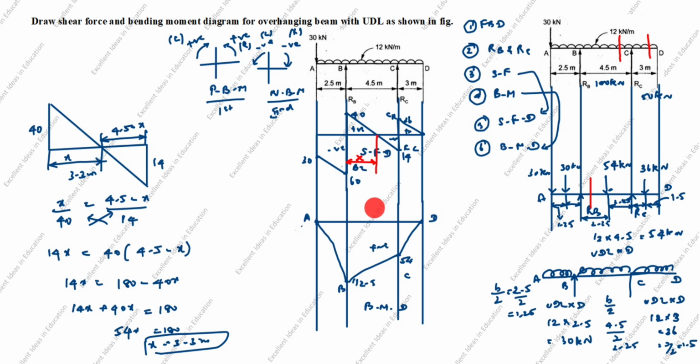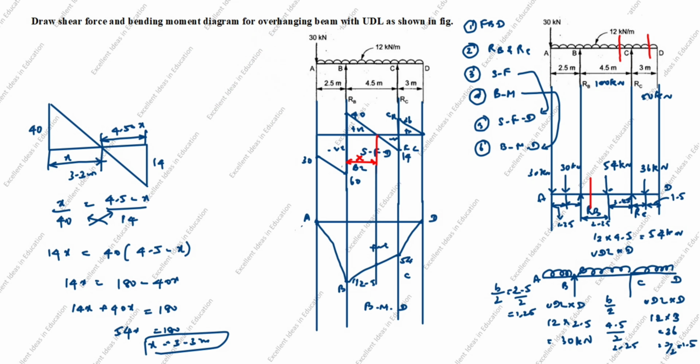Now we will calculate bending moment value. So I will draw here. 30 kilonewton. This length is 2.5. From here to here, 2.5 plus 3.3 is 5.8 meter.